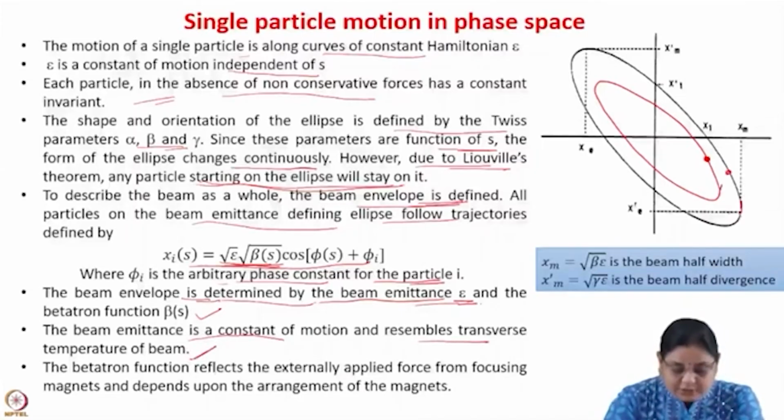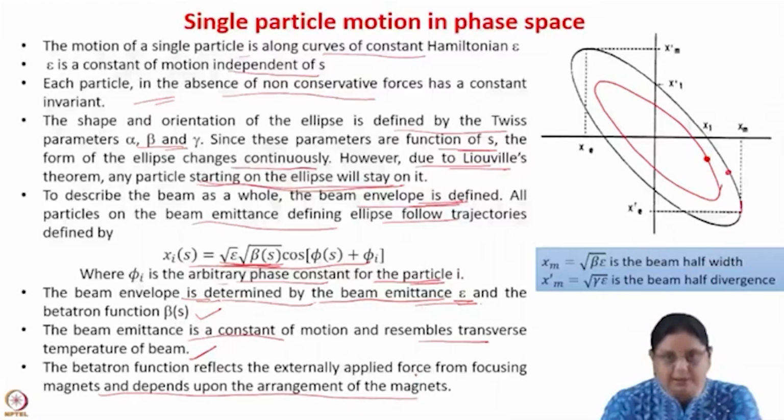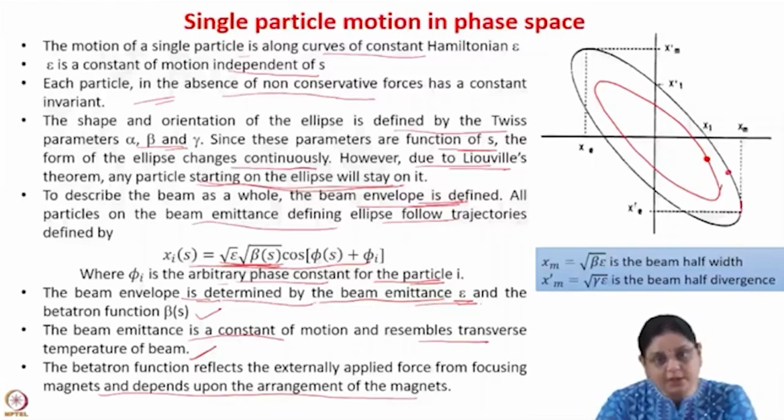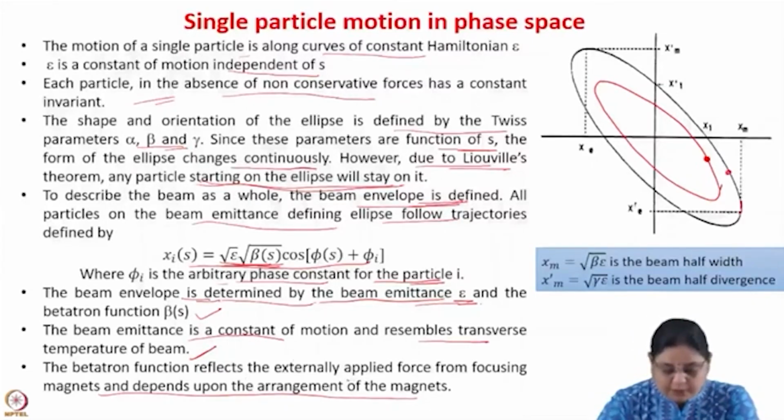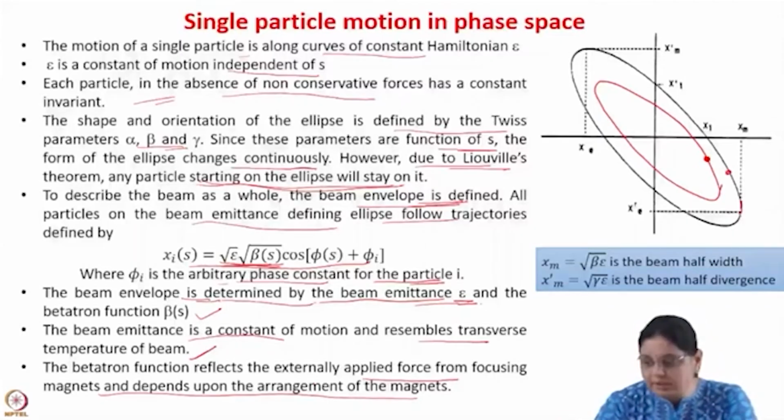The betatron function reflects the externally applied force from focusing magnets and depends upon the arrangement of the magnets. So the betatron function beta depends upon the value of K, and K depends upon the gradient or the field of the magnet. So it depends on how you arrange the magnets, whether it's a FODO or some other arrangement.